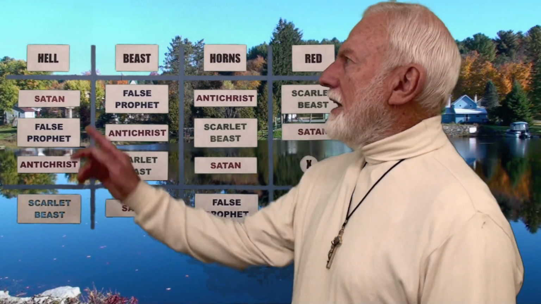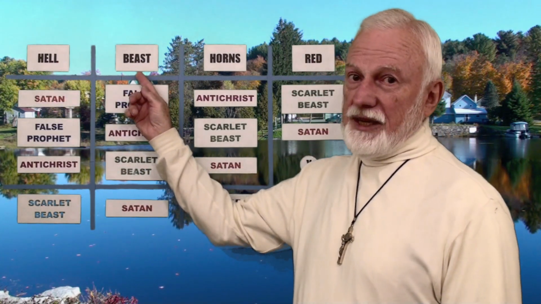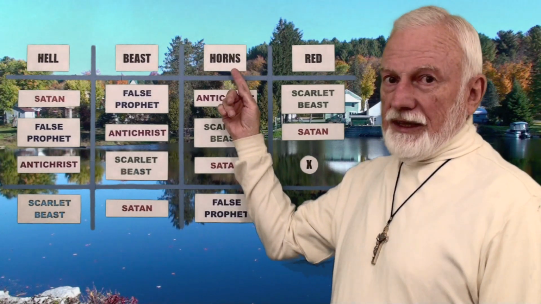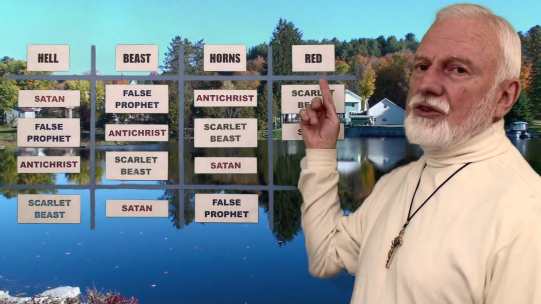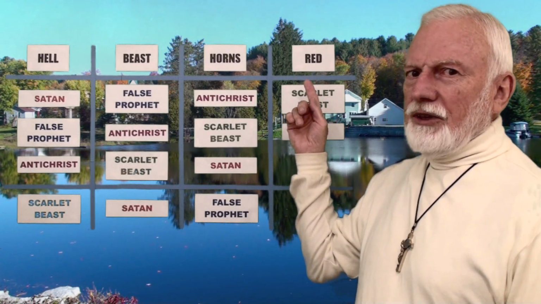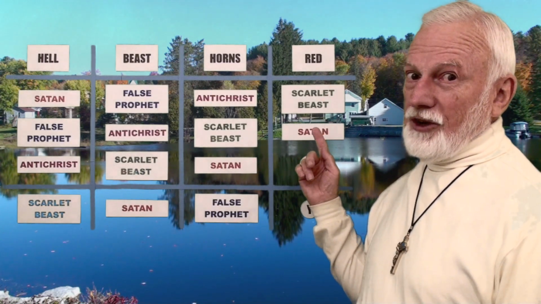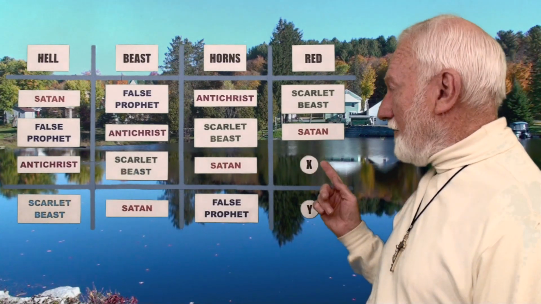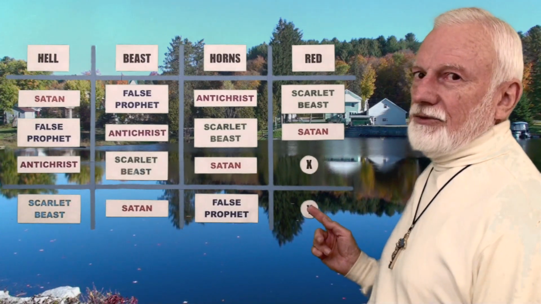He describes them in four different categories: which ones go to hell, which ones are called beasts, the combination of heads and horns which they have, and also the color red. But he only tells two with the color red. We have to determine which one has the color red, the identity of X, and which one does not have the color red, the identity of Y.